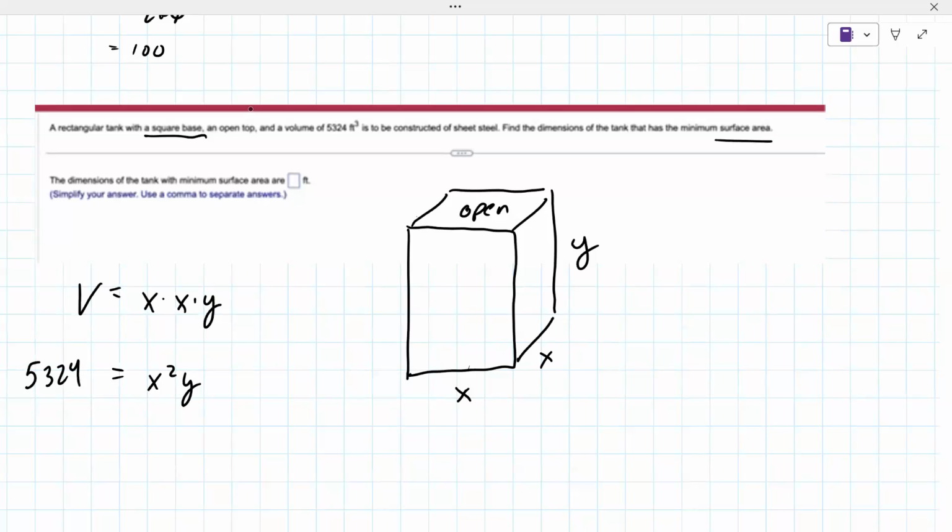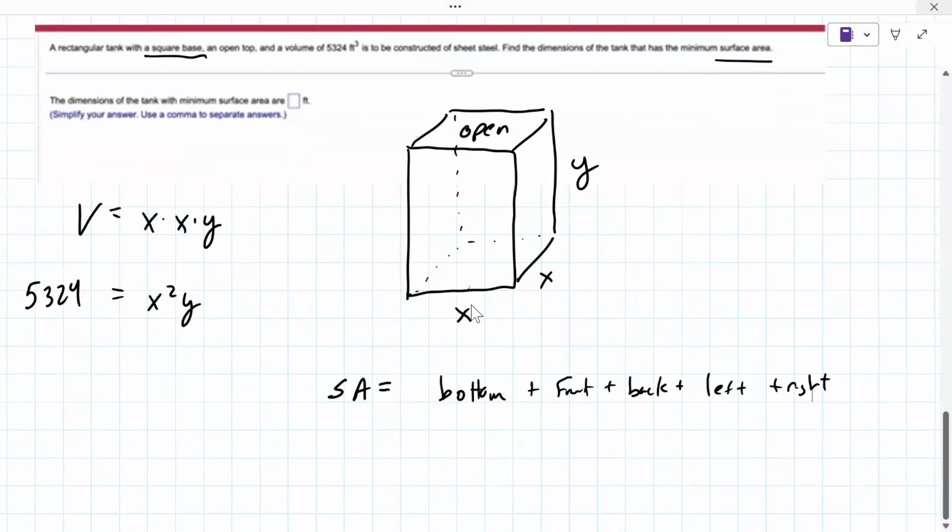The surface area is all the sides except for the top. So you want to do it as bottom, and then you got the front, the back, the left, and the right. All right, so the bottom is x times x, or x squared.